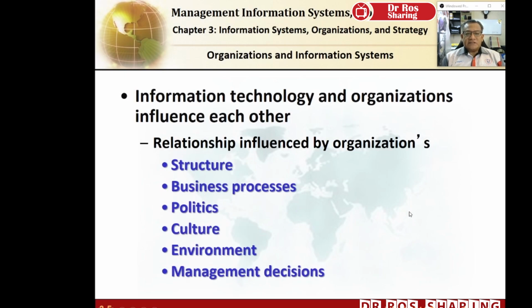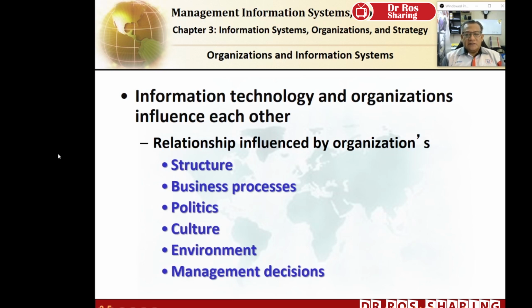Okay, let's focus on how information technology and a company or organization influence each other. Basically, in an organization, there are many components making up the organization itself, be it a company, a university, or a multinational corporation.